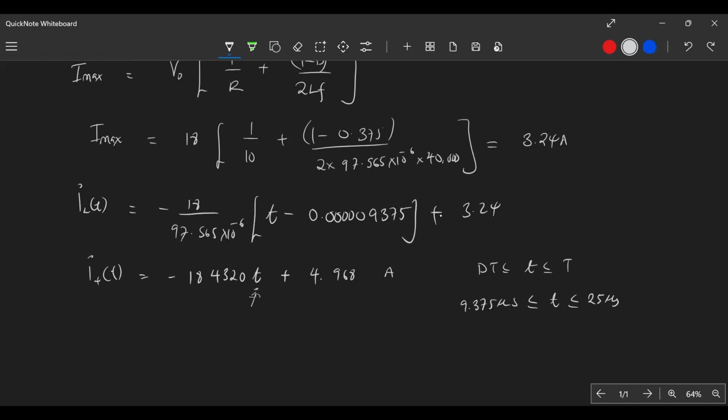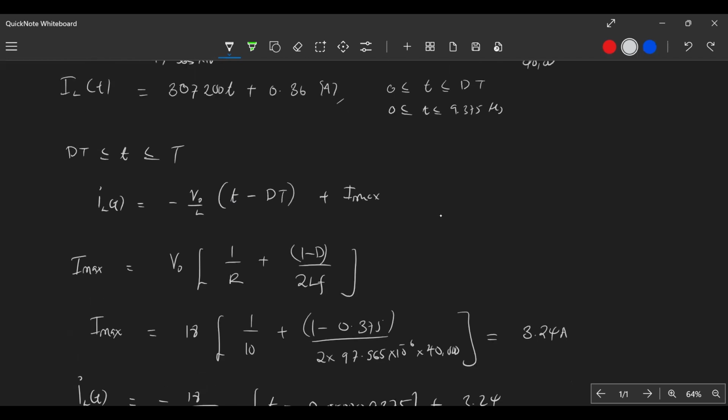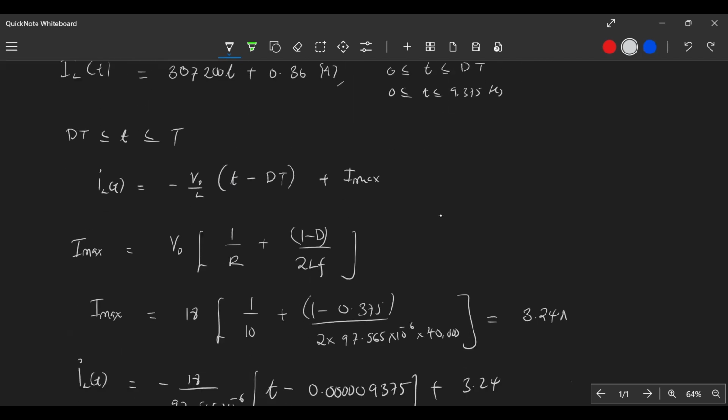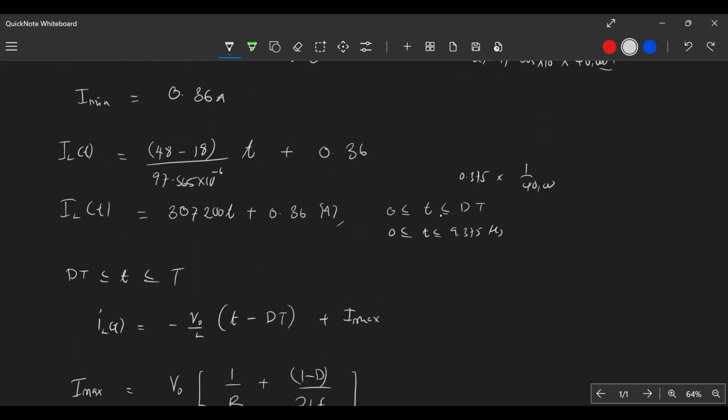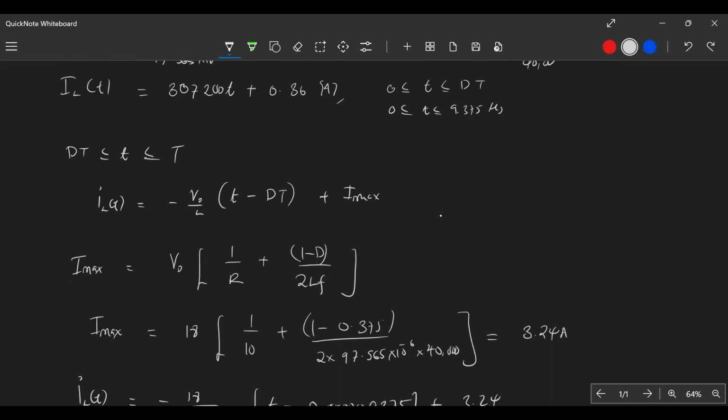So if you put t, which is 25 microseconds, in this equation, you should be able to get the minimum current, which is 0.36 amps.